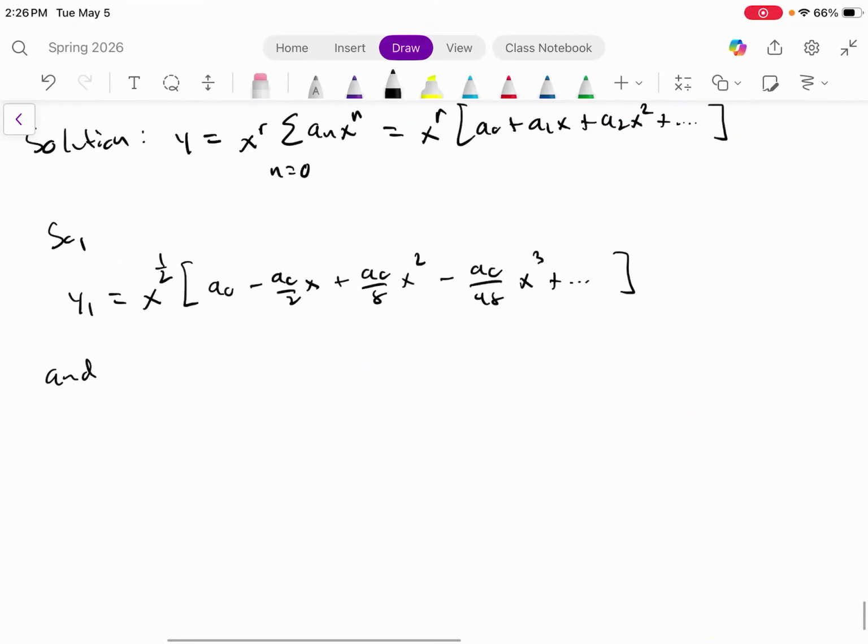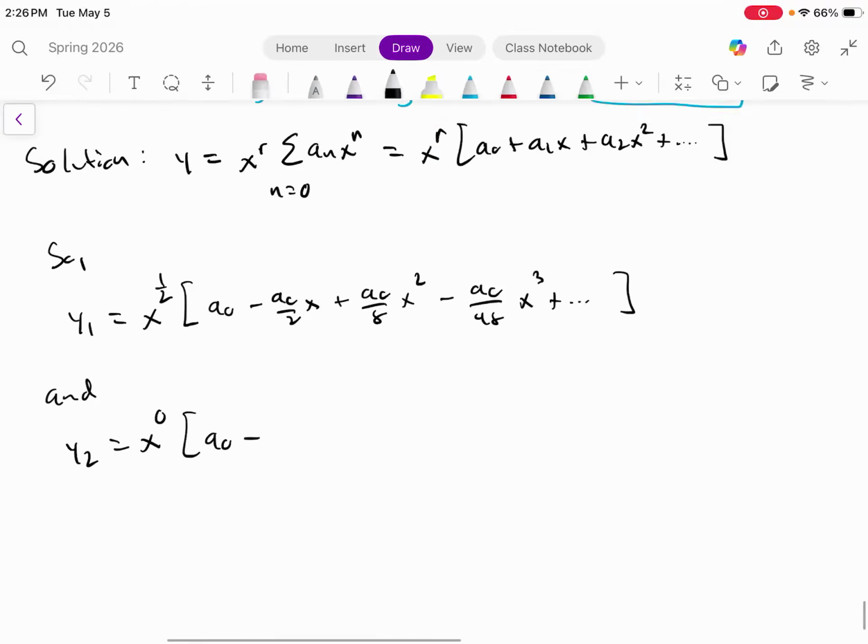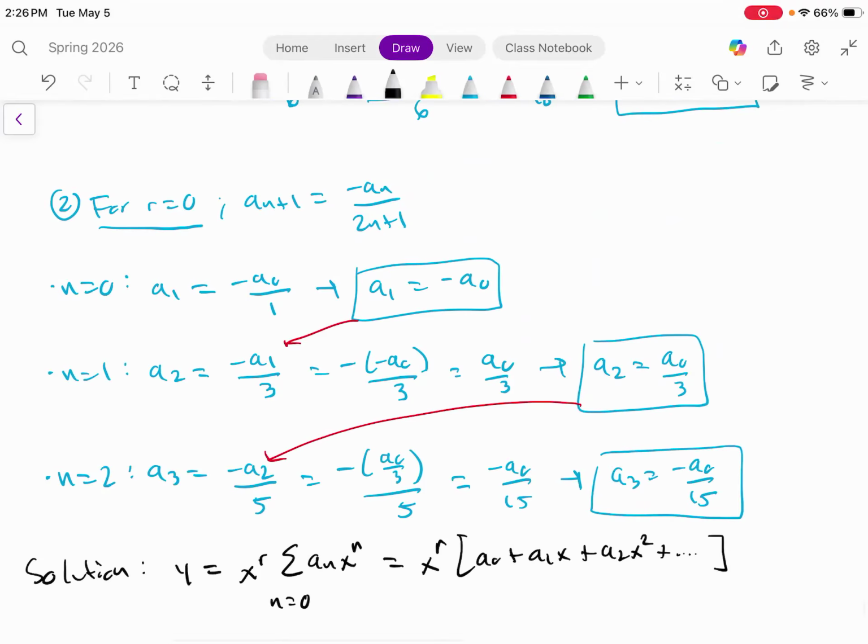And my second solution is when r equals 0. So this would be x to the 0 times a naught minus my a1, which was negative a naught. My a2 was a naught over 3. My a3 was negative a naught over 15.